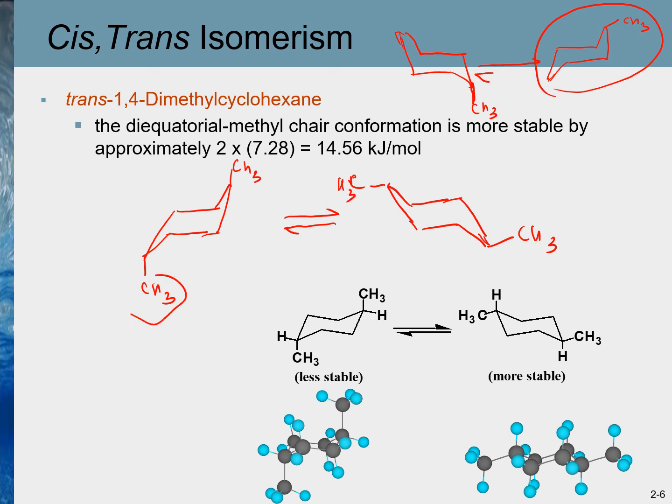We know that axial positions are not stable because there are 1,3 diaxial interactions. So these steric interactions make it unstable. Similarly, this group will have interaction with these axial hydrogens. So these 1,3 diaxial interactions make this conformation less stable.